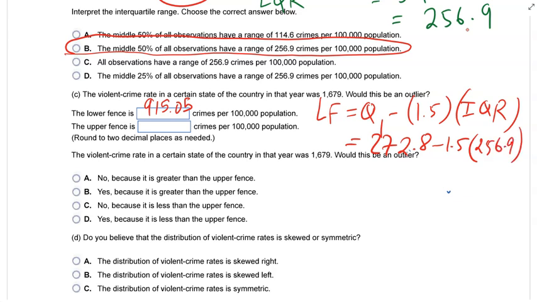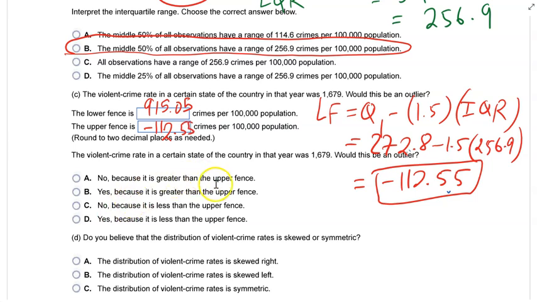If you use a calculator, you'll find that the lower fence is going to be negative 112.55. That's the lower fence, negative 112.55.